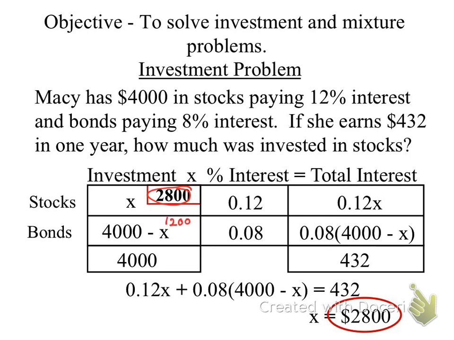So I put 1,200 in bonds and 2,800 in stocks. But they're only asking for stocks, so that's the only answer you'd give in the answer column. Yes? How can we put 1,200? Well, if I want to find out, I can figure it out. 4,000 minus 2,800 is what?